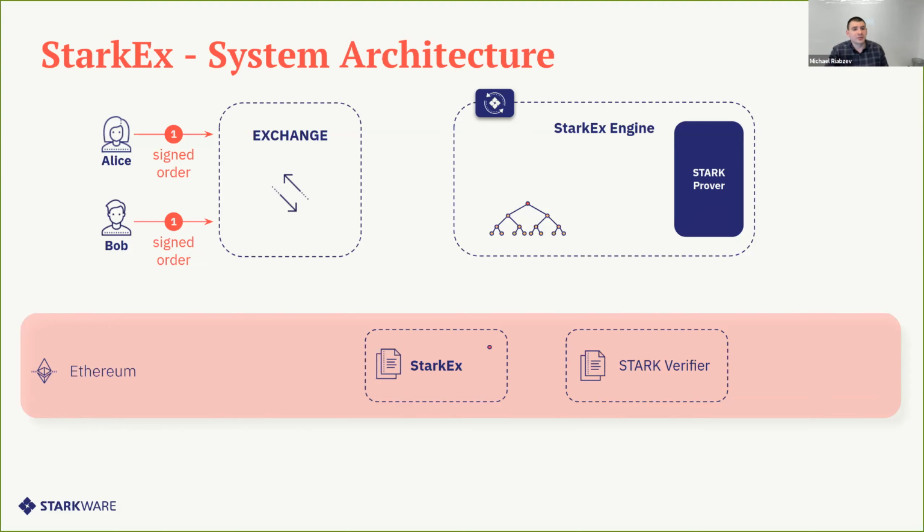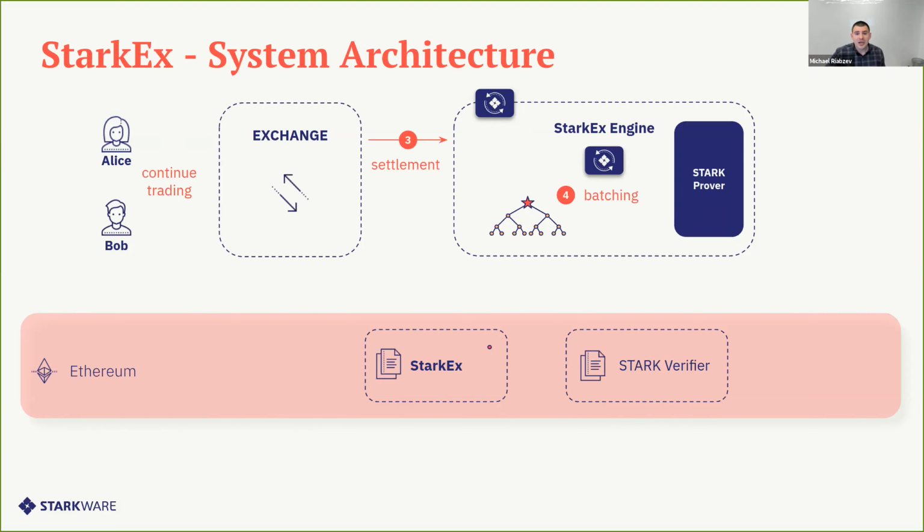When two users want to trade, they send orders to the exchange off-chain, just like using a centralized exchange. The exchange matches the orders together and sends us the settlement. We get a lot of such settlements, and we batch them together. And what causes the root, of course, to change because the balances are changed.